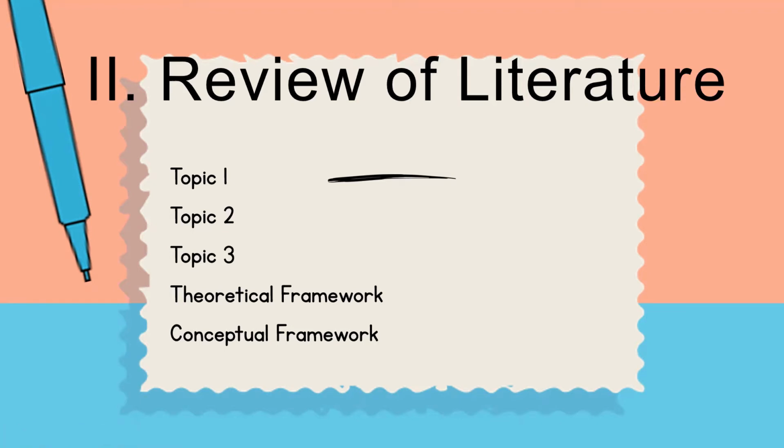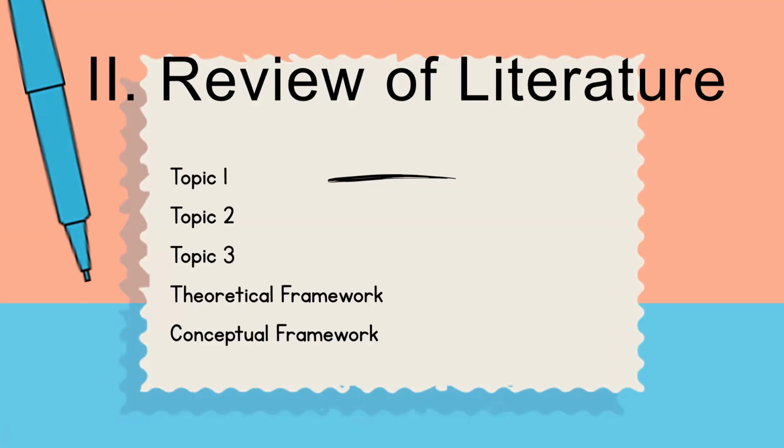Topic 1 usually is more about demographic characteristics, which include the gender of the respondents and the age of the respondents, and you need to find why it is important as a variable in explaining your research topic.